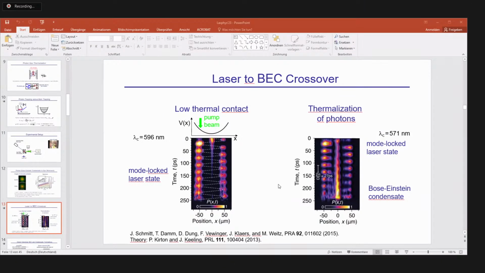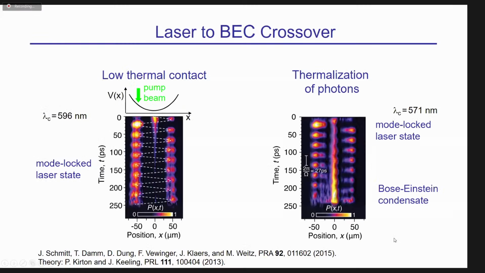So what we did is, this was a microcavity. Normally, we have a relatively large pump spot, and for this, we used a smaller pump spot and pumped on the side. And then what we saw, this was not hopping.